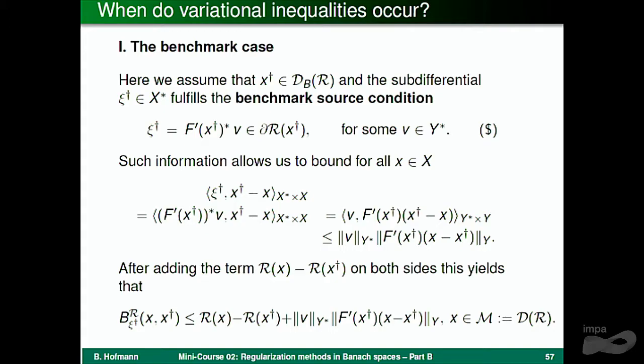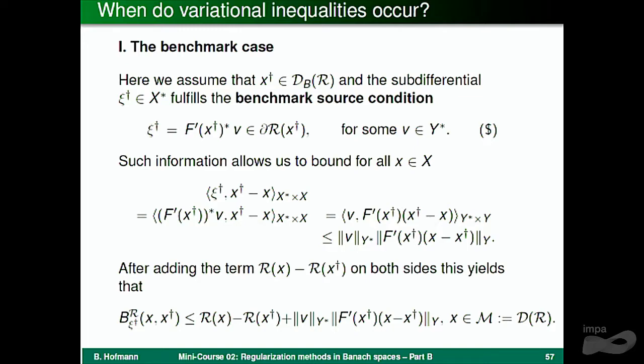And the element is a subgradient also in the X star. So this subgradient must be in the range of this. And if you have it, this would be the simple case. You need not hear anything more than this. You can show it. Then this will imply our variational source condition.